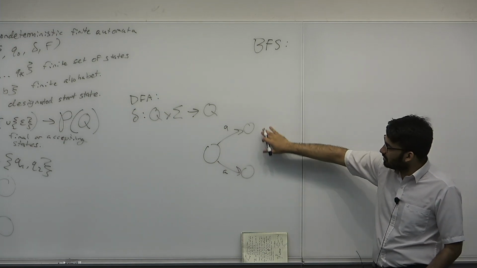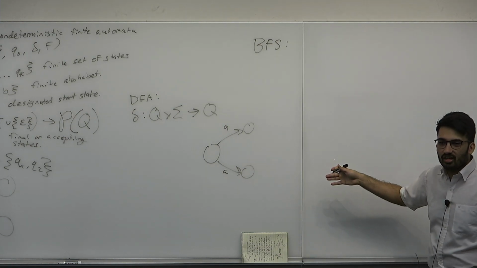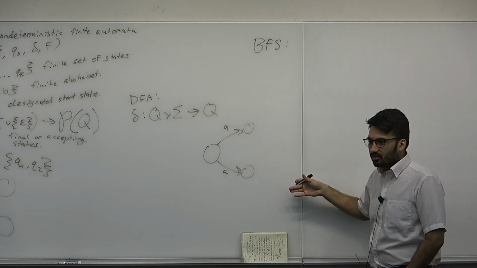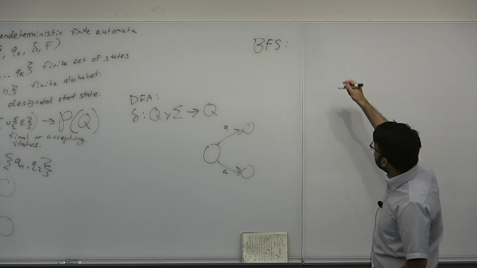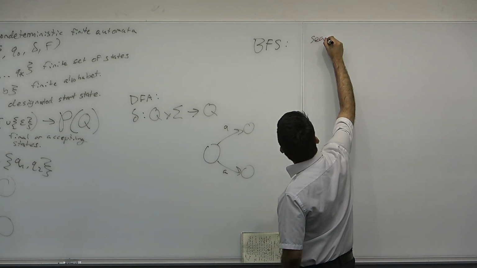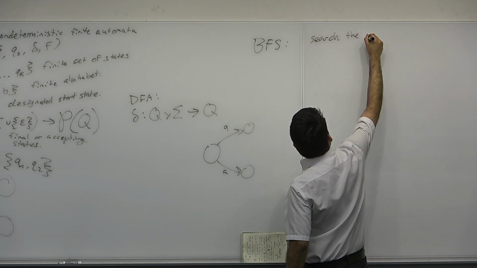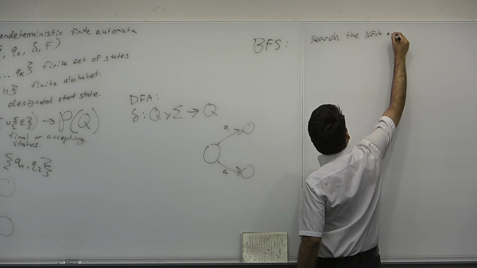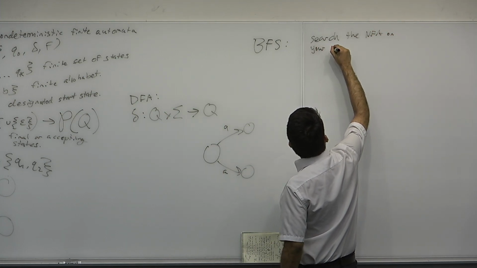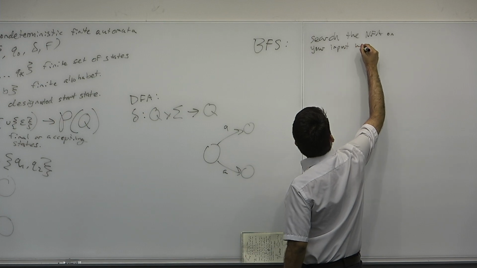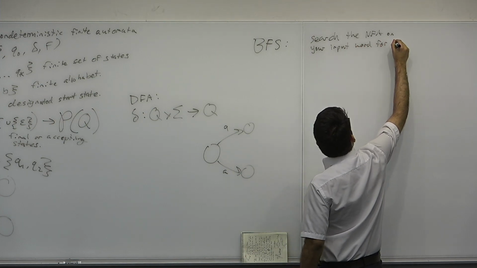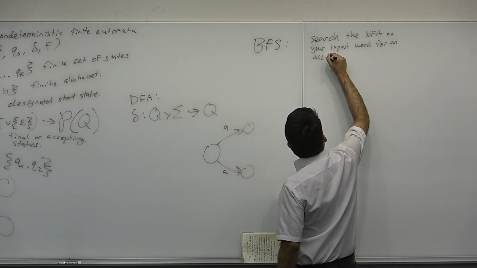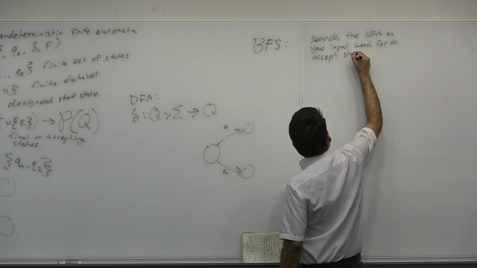You BFS from here to here, and you just see if there's any accept state reachable from there. So you just search this tree. You search the NFA on your input word for an accept state.